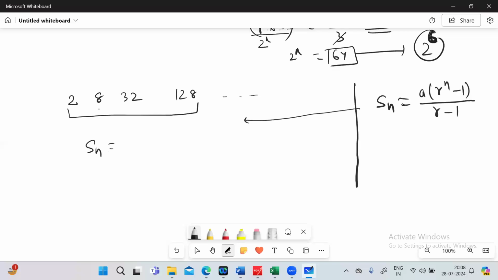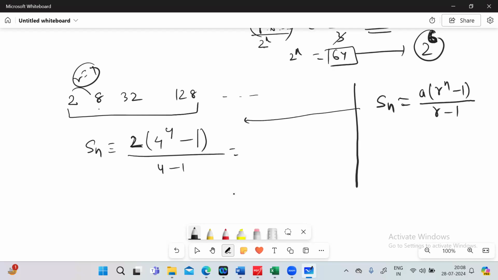So Sn would be, from this formula, my first term is 2, R is 4. You can just see that the common ratio is 4. 4 to the power 4 minus 1, divided by 4 minus 1.